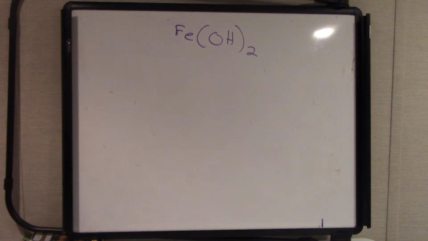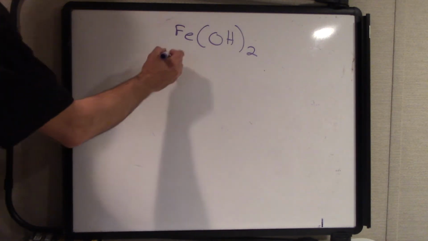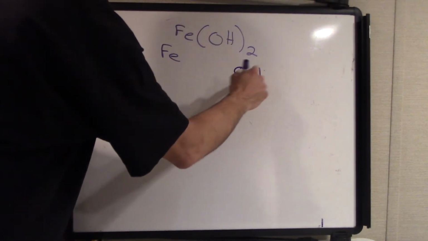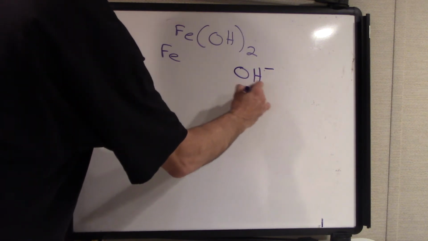Again, we're still dealing with an ionic compound. I have 1 iron ion. I don't know the charge yet from the position on the periodic table because it's a transition metal ion. I know I have 2 of these polyatomic ions. OH has a -1 charge.